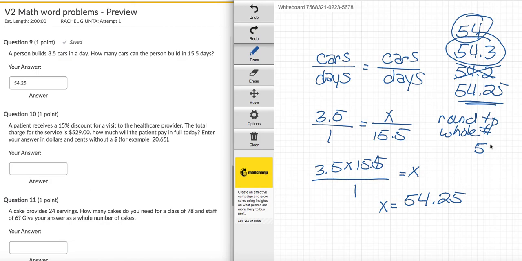So for example, if they don't mention rounding and the answer choices are 54, 50, 157, and 230, then it's fine that the answer is rounded even though they didn't say that. But in that case, there should only be one rounded answer that matches your answer. In this case, 54.25 would round to 54. Hope that makes sense.